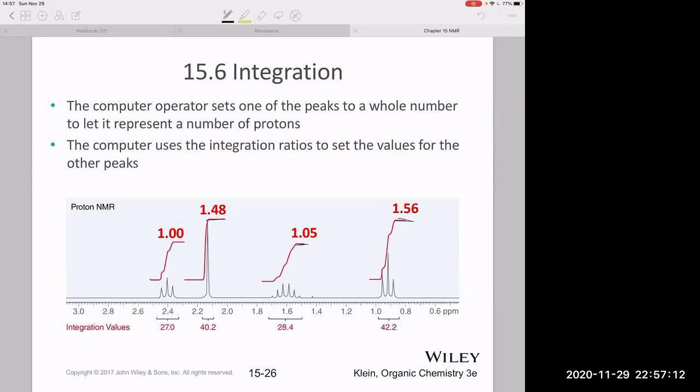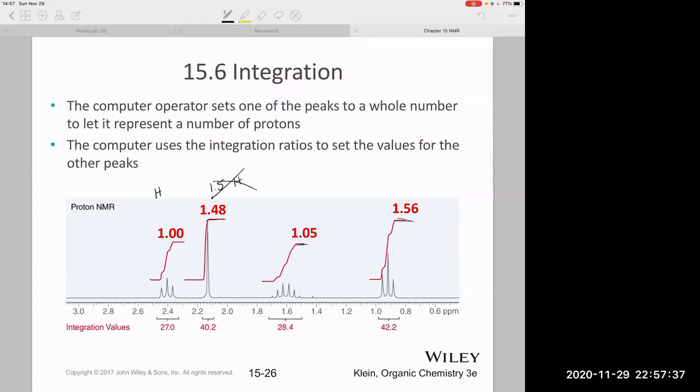So the numbers aren't always as nice and neat as we saw in some of the previous examples because this is data. So it's got some messiness to it. But nonetheless, relatively speaking, the area under the curve corresponds to the number of hydrogens. So if this peak here corresponds to 1 hydrogen, then supposedly this one corresponds to 1.5 hydrogens.